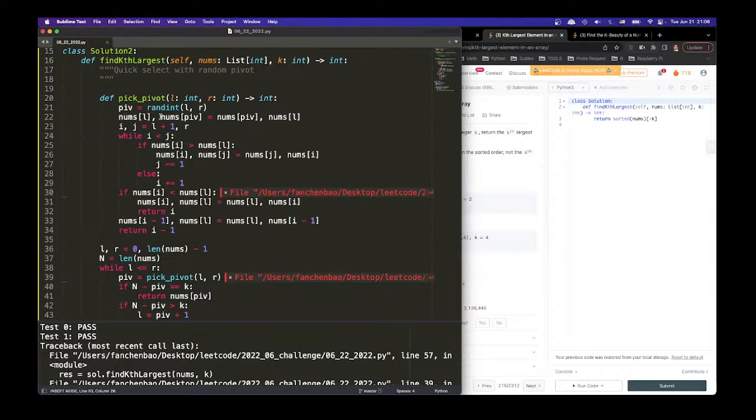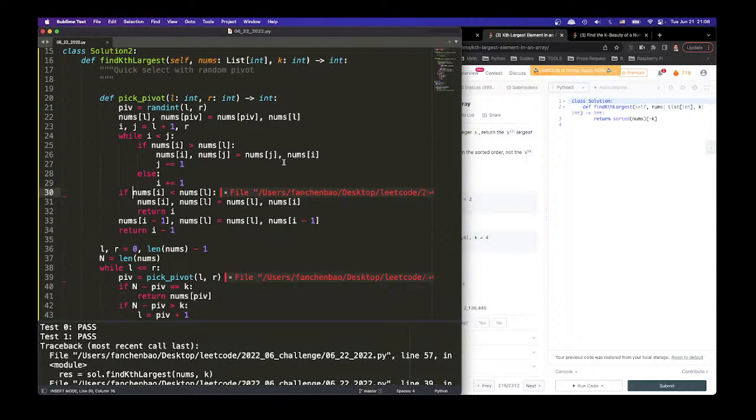What's L? Shouldn't that be 0? Oh, I equals L plus 1. L is good, but I is not.